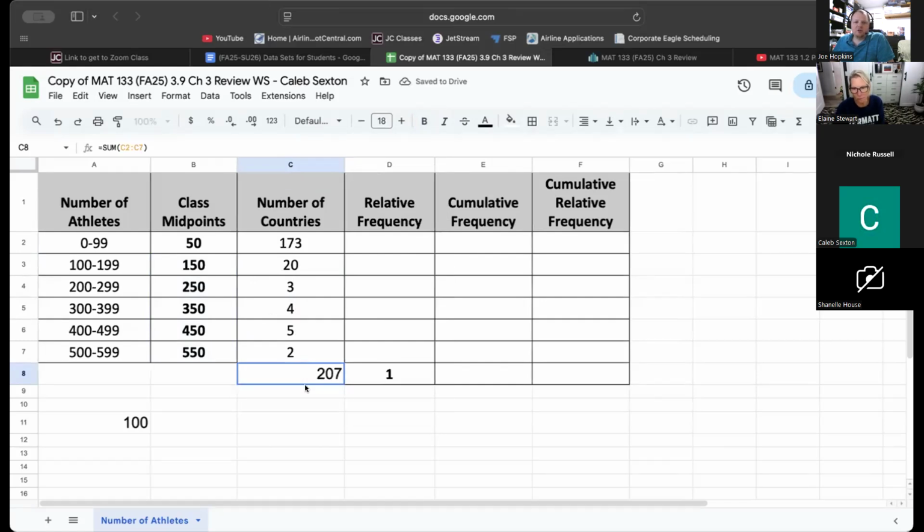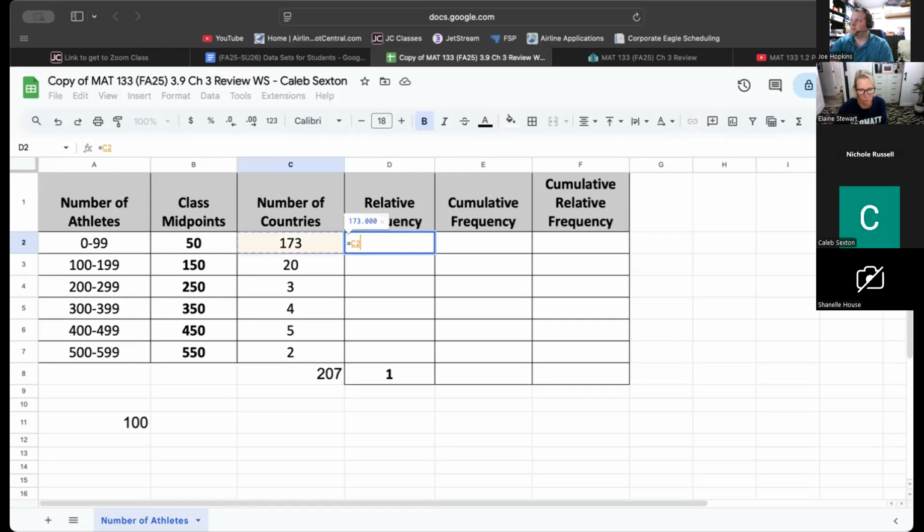There you go, 207. And then you'll type equals, the first frequency, 173.